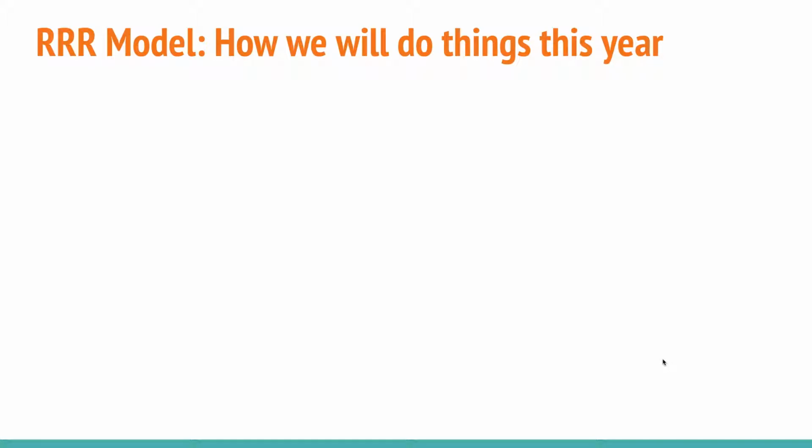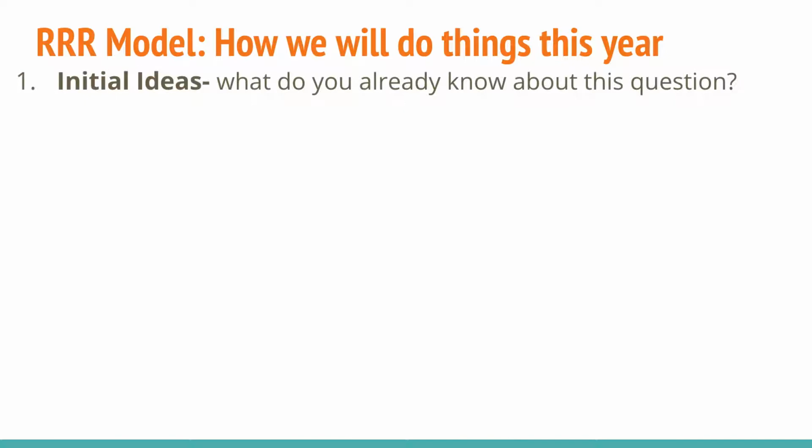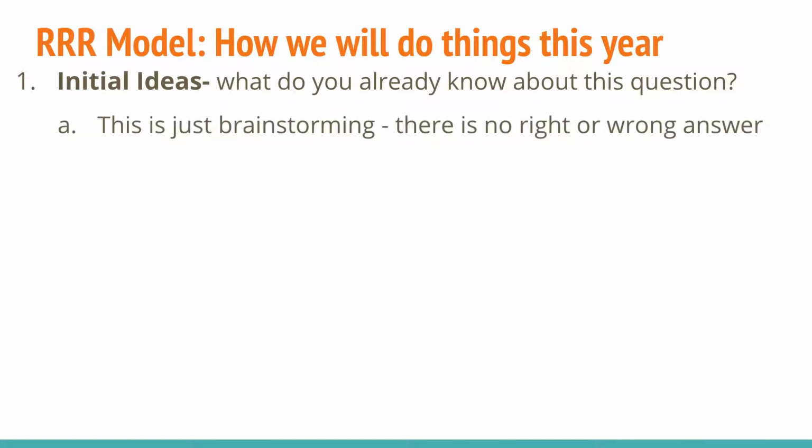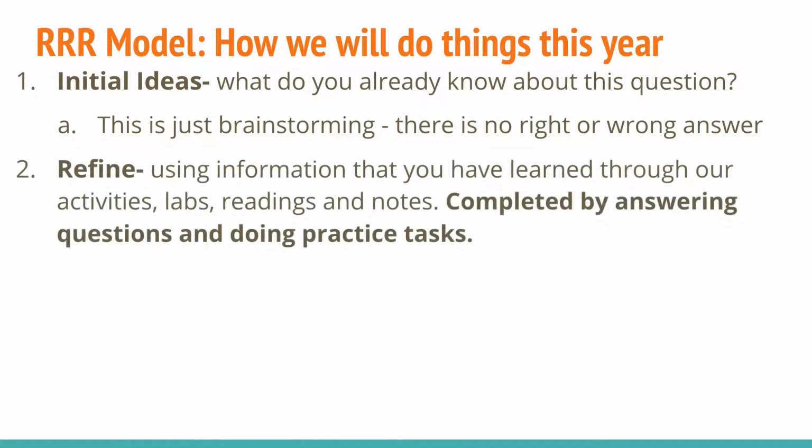And we use this model called the RRR model. Basically, the first thing that we do at the beginning of the week is we start with our initial ideas. Our initial ideas are just brainstorming, and there's no right or wrong answer, just trying to apply some previous knowledge to the question. Then throughout the week, through lectures, labs, activities, all that whatnot, we answer refined questions.